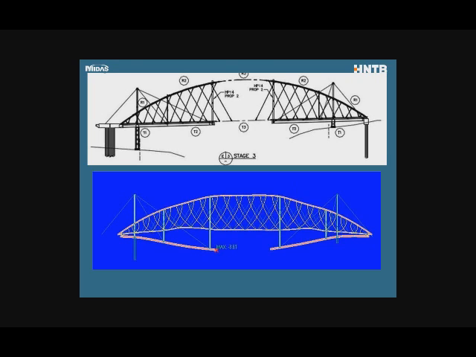And so you have this wet noodle in the sky, the boiled spaghetti in the sky, and you have a very slender arch and a flexible false work system. So of all the bridges I've worked on, this was probably the most interesting construction staging analysis.